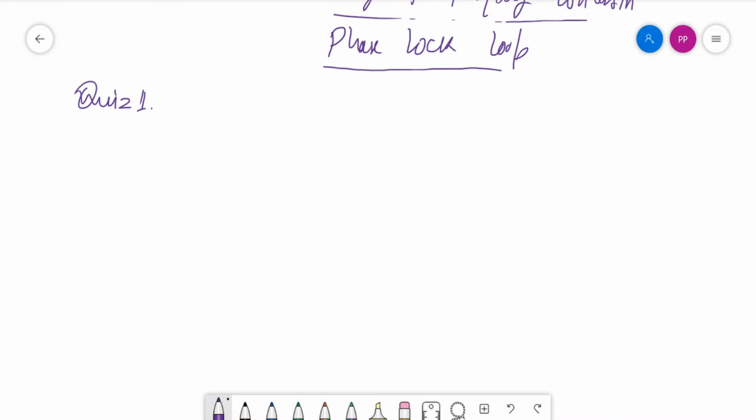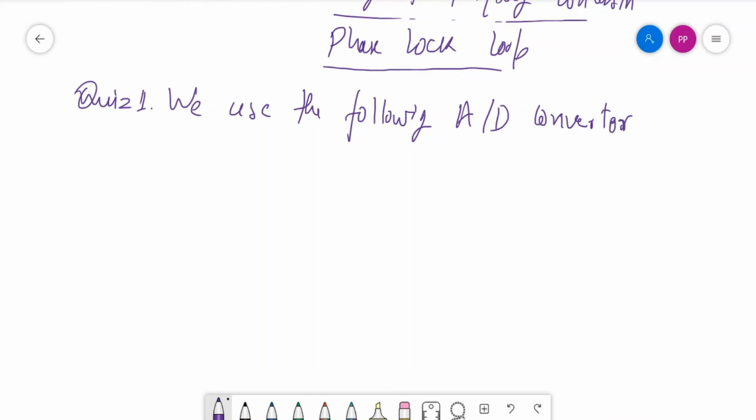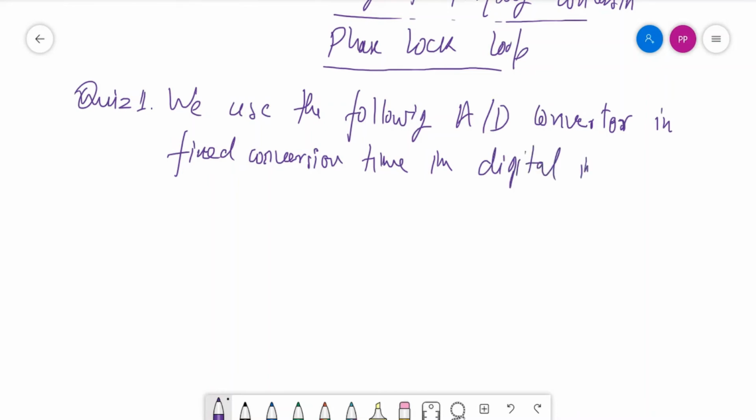We use the following A to D converter in fixed conversion time in digital instrumentation.